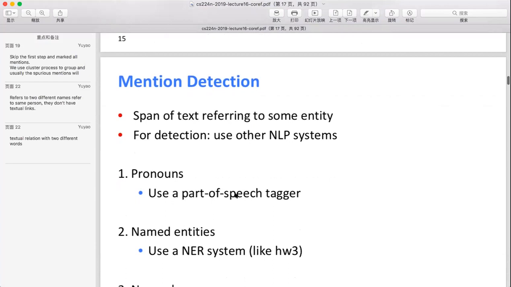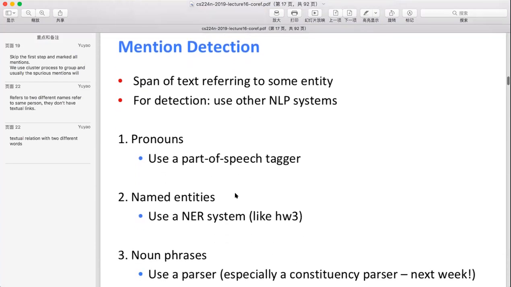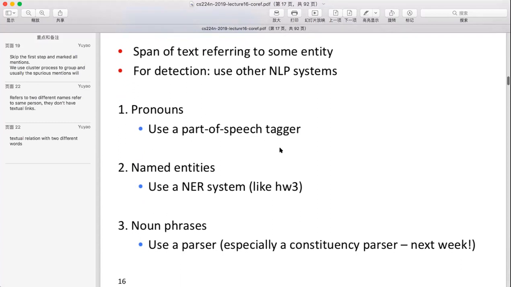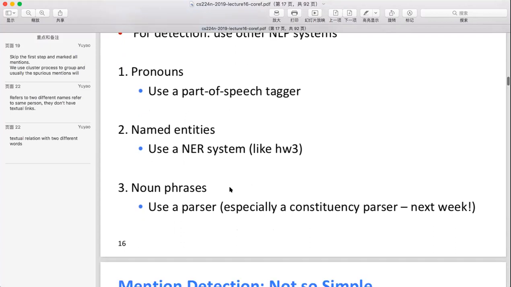There are many ways to tag our detections. For pronouns, we use the POS tagger, and for named entities, we use the named entity recognizer. I think we explained these in the last few classes. And the third one is for noun phrases. We'll explain later: constituency parsers, which identify different nouns by the meaning of these words.